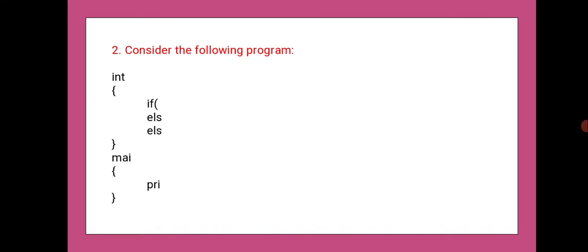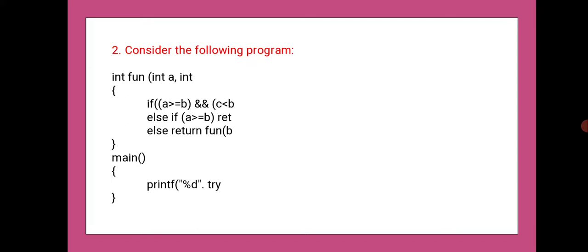So let's consider one more program. Just look at this function, int func, which takes 3 arguments: int a, int b, int c. If a is greater than or equal to b and c is less than b, return b. Else if a is greater than or equal to b, return func(a, c, b), else return func(b, a, c). So we try to print func(1, 2, 3).